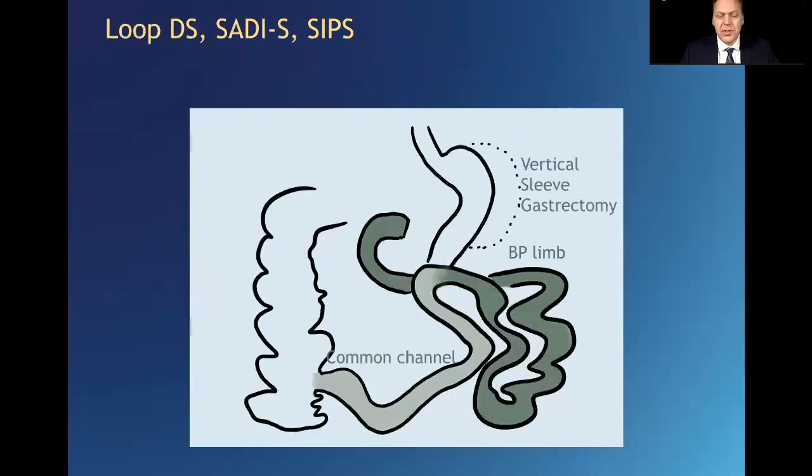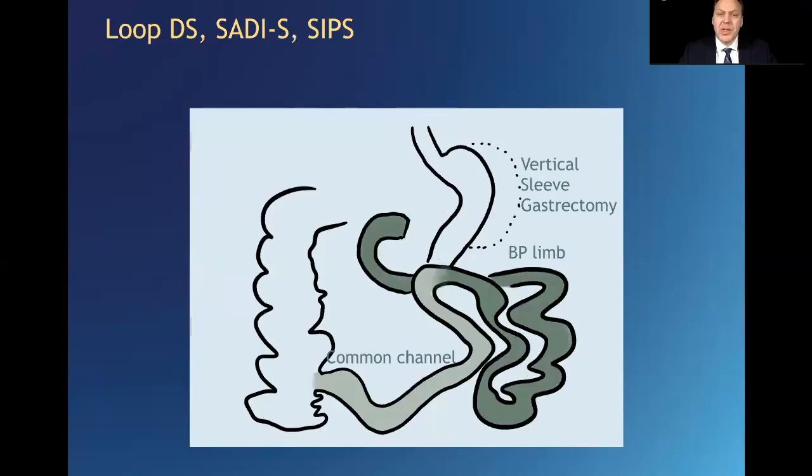Now, one of the newest versions of what is also referred to as duodenal switch is the loop duodenal switch operation. Sometimes this operation is called SADI-S, which is single anastomosis duodenal-ileal bypass with sleeve, also known as the SIPS operation, or stomach intestinal pylorus sparing operation.